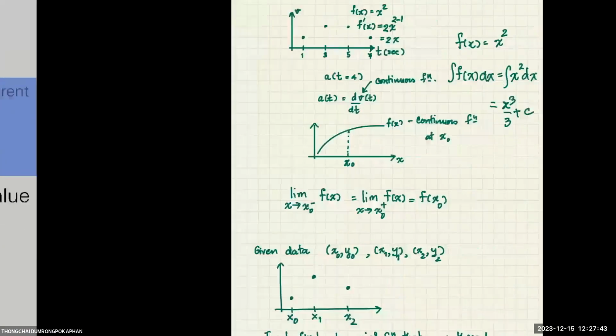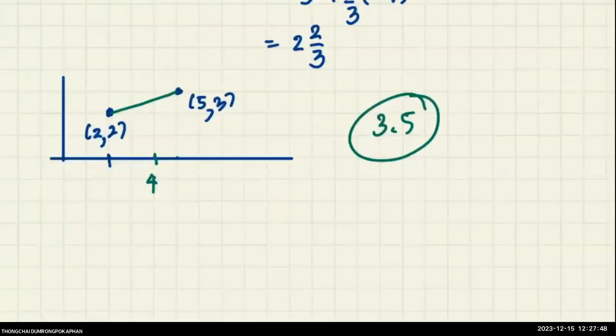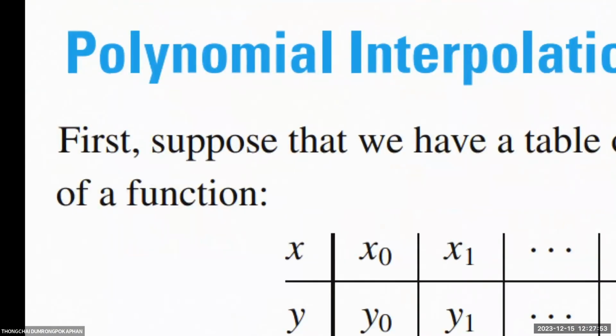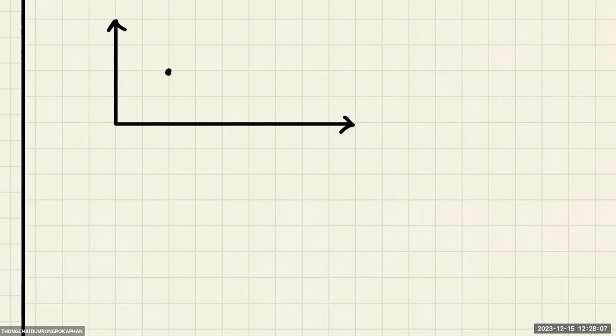So last time we've been talking about that, and we know that if we have some data points, so we have 2 points, we can always find a line that passes through these 2 points by connecting them.